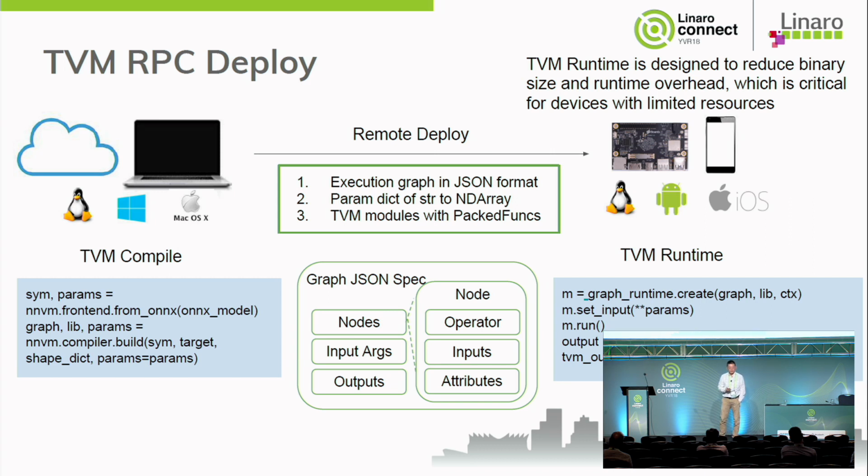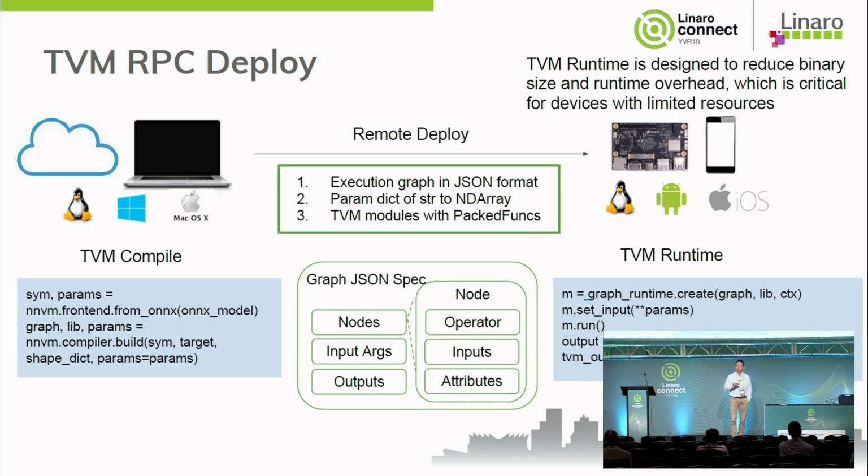On the target device, with output from the TVM compiler process, we can create a graph runtime from the execution graph, the libraries, and different contexts. This context can be specific to different hardware. For example, a CPU context with LLVM.